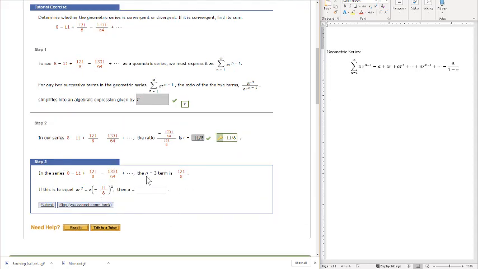So in the series, the n equals 3 term is 121 over 8. If this is equal to a r squared, then that's 121 over 8, and it's positive, and there's no other numbers out here, so a is just going to be equal to 1.